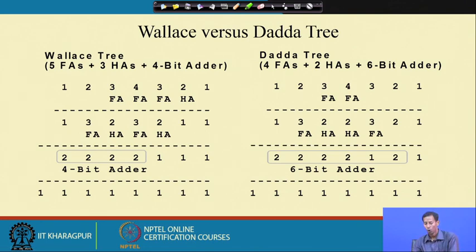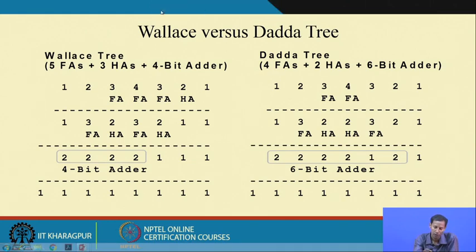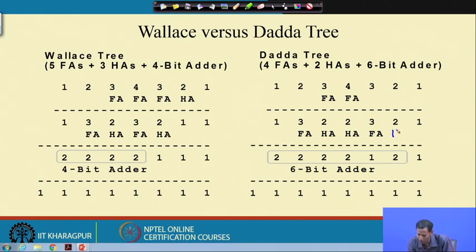Okay. So, apart from that, another thing you can do here. At this particular level, I can use one half adder over here. If I use one half adder here, what will become? It will become 1, and this will become 2 in that case. So these 2 will directly come and I can use this.